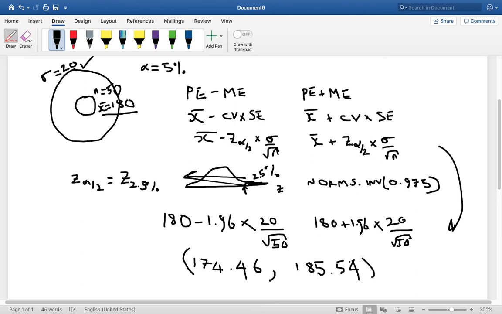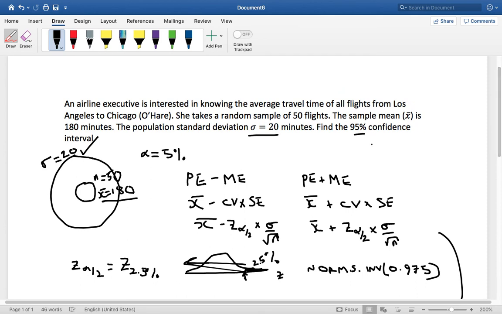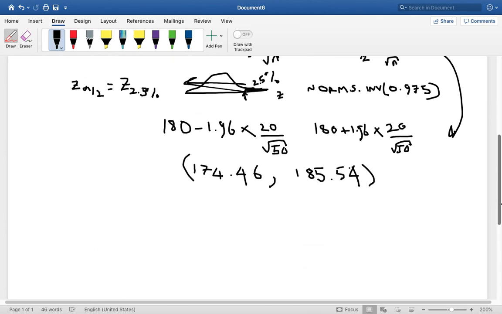So that's interesting. We think that the flight time based on a 95% confidence interval from LA to Chicago O'Hare is somewhere between 174.46 minutes and 185.54. We think that the true average is somewhere in that range. There's approximately 95% probability that we're actually correct.